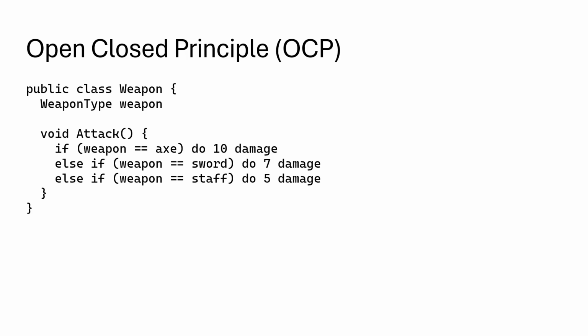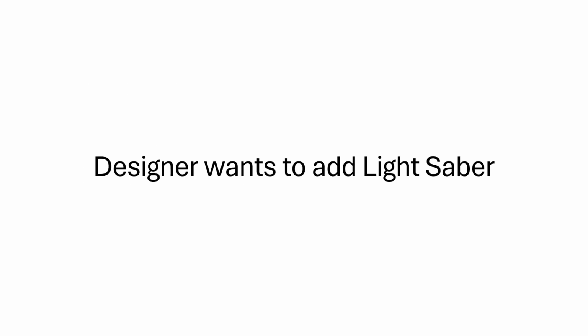But honestly, this is not looking very elegant, because every single time your designer tells you he wants to add a new weapon, you have to come back here, edit the same code, and test everything to make sure that nothing breaks. And this is not good design.